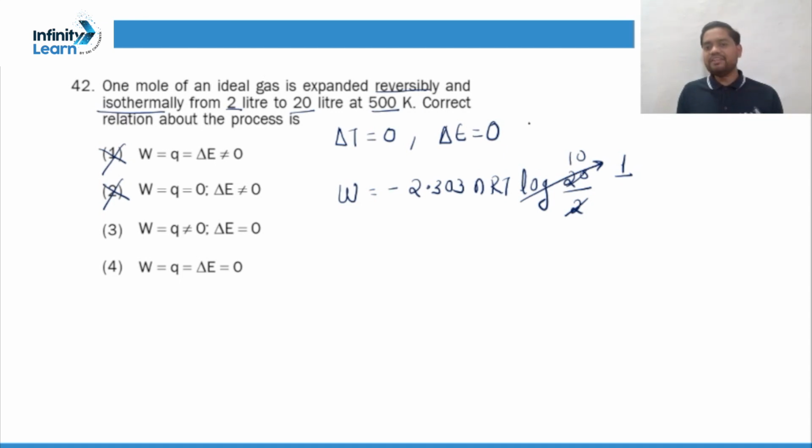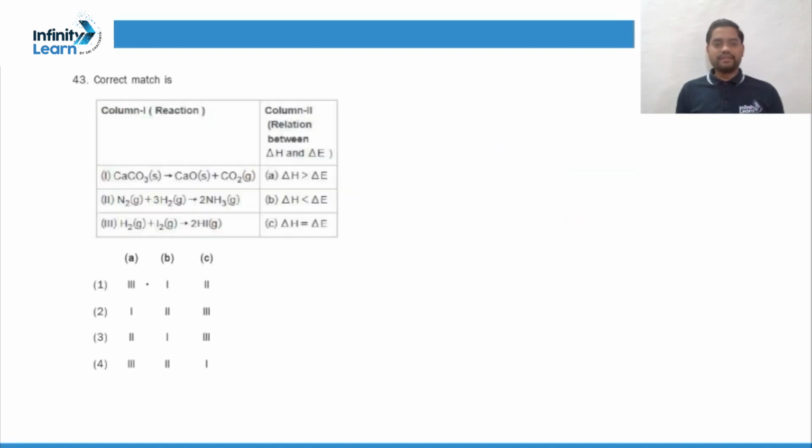With delta E equal to 0, W will be equal to minus Q, but they are not equal to 0. Okay, is that clear? So the only option which is not equal to 0 is option number 3. So I'll go with option number 3 as the right answer. So 42, option number 3.